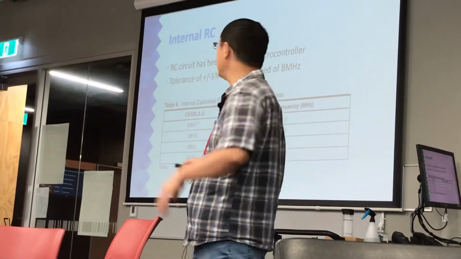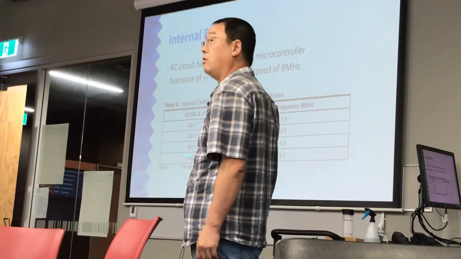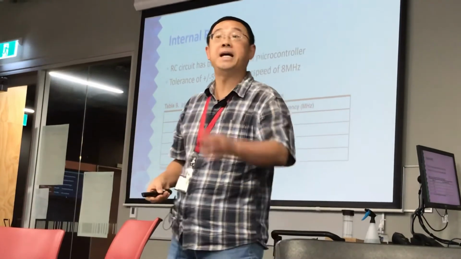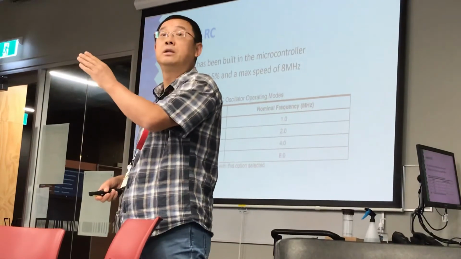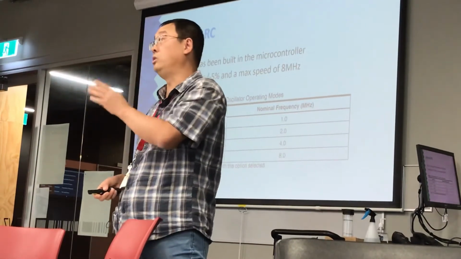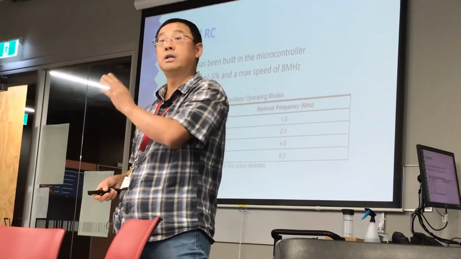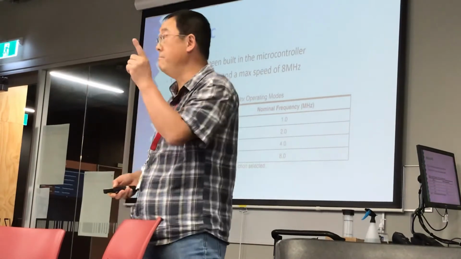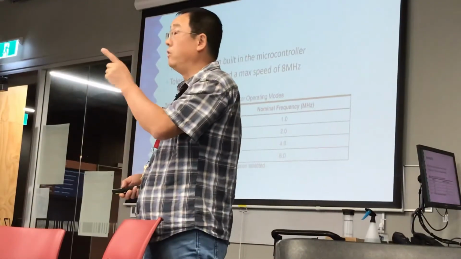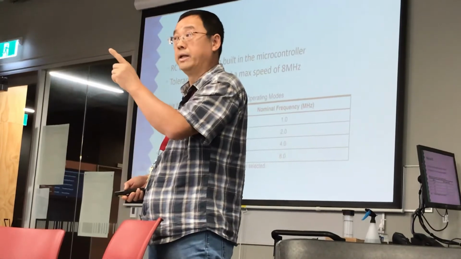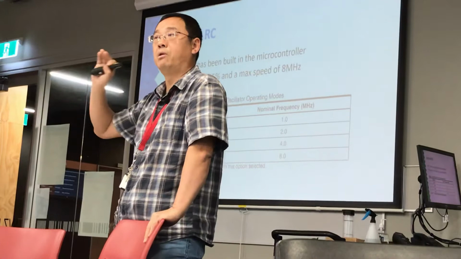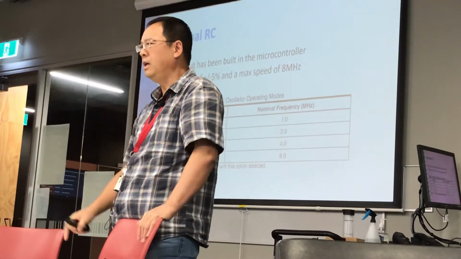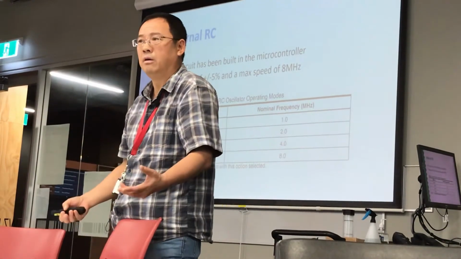You can change the internal RC clock speed by setting the field speed, which is a register. But you've got to remember the default is 1 megahertz. A lot of people, when they program the microcontroller for the first time, say something is wrong.